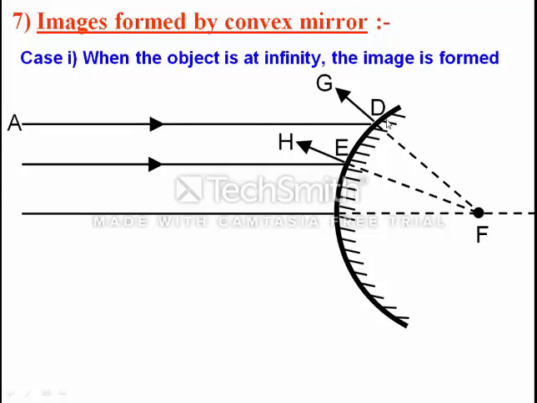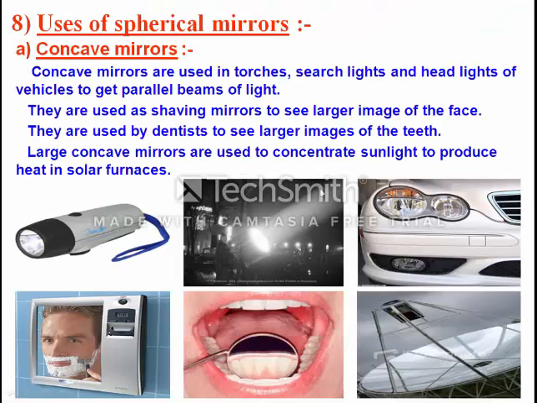Both rays are coming from infinity. We have also studied the rule of convex mirror, that any ray parallel to the principal axis, after reflection, seems to pass through focus. So what is happening here?